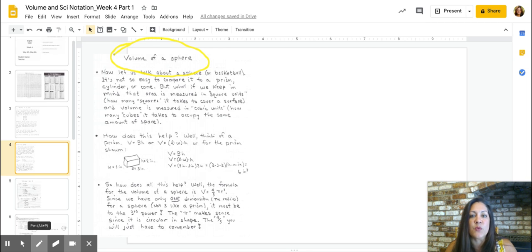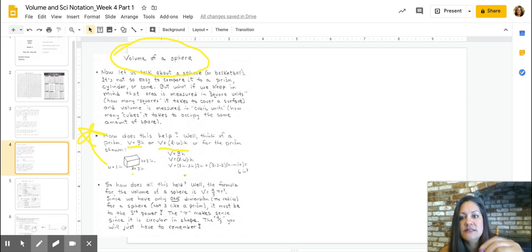So how many squares it takes to cover a surface, and volume is measured in cubic units, which is how many cubes it takes to occupy the same amount of space. Okay, so how does this help? Well, think of a prism where volume equals base times height, or volume equals length times width times height for the prism. And that's what we're showing in both of these.